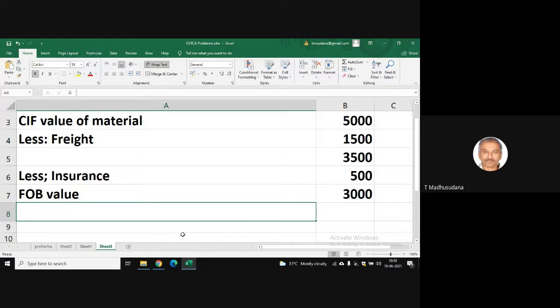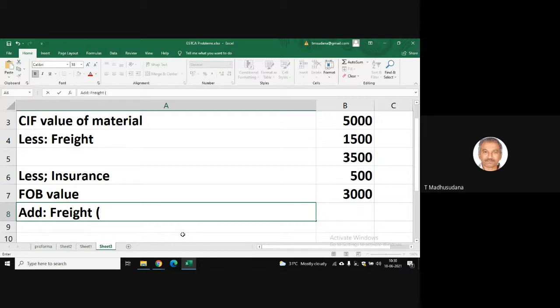So add freight. As per the Customs Act, the maximum freight allowed to be added to the FOB value is 20% of FOB value.